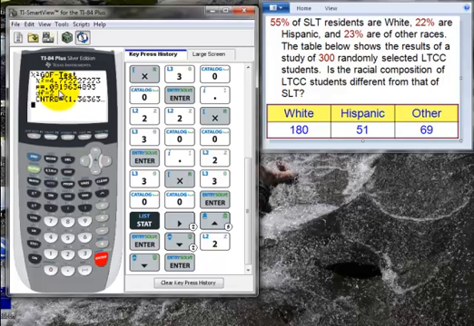So typically we use 0.05 to see if we have evidence to reject the null hypothesis. 0.09 is bigger than 0.05. So notice that we didn't reject the null hypothesis. We failed to reject the null hypothesis. Let me go back to the PowerPoint, and then we'll talk about how to finish up the problem.